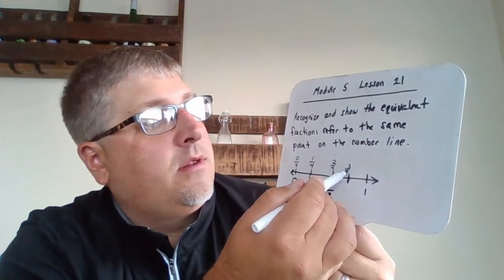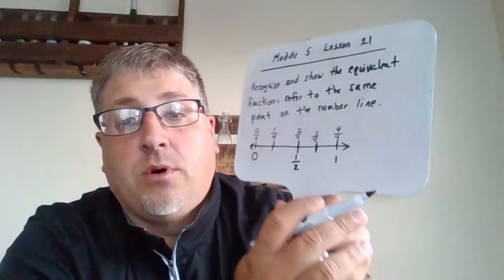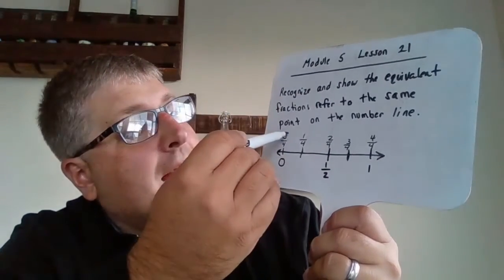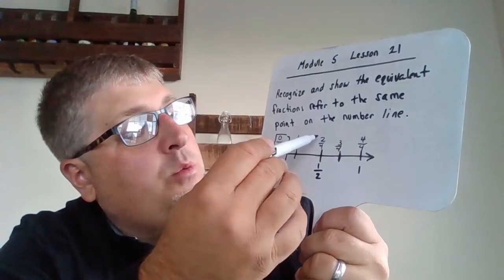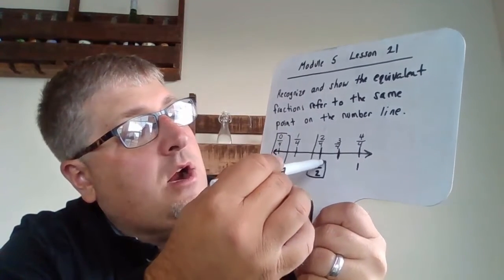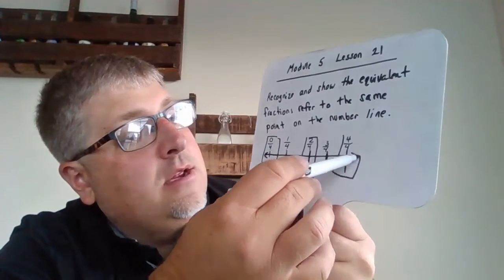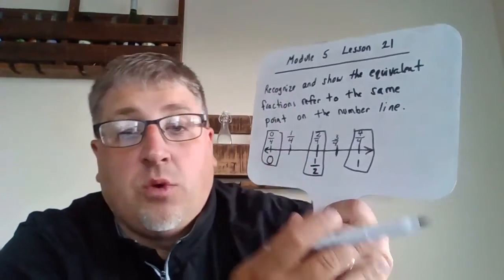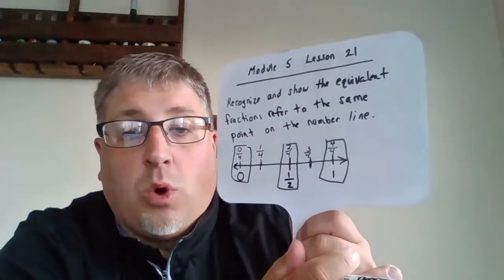Here I'm going to put 3 fourths. And over here, I'm going to put 4 fourths. Okay? So what's important to realize here is that where we line up on the number line, these are equivalent fractions. So for example, 2 fourths is equivalent to 1/2, or 4 fourths is equivalent to 1.